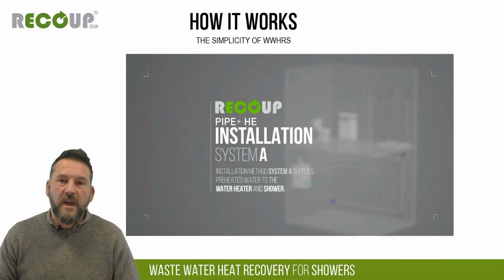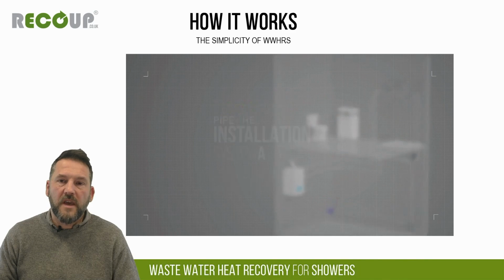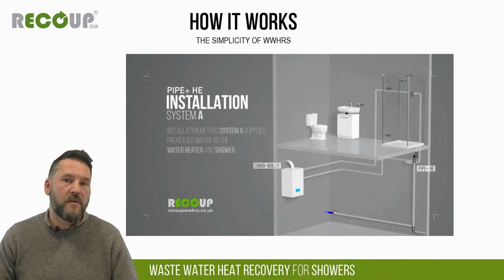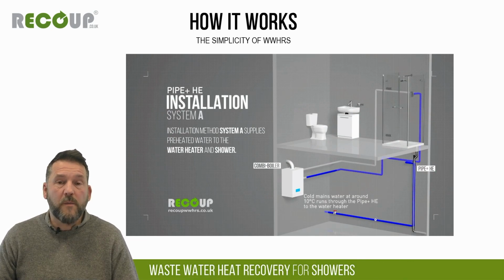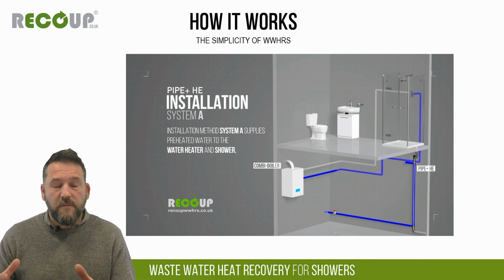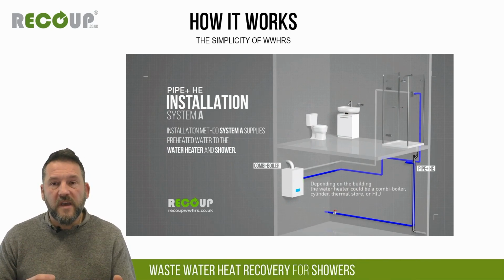So what we're looking at here, as it kicks in, is a standard arrangement with a new build home with a first floor shower. And what you'll notice is that the pipe is located on the floor below the shower, because in most cases, wastewater heat recovery is gravity fed, so it needs to install lower than the shower that it's attached to.